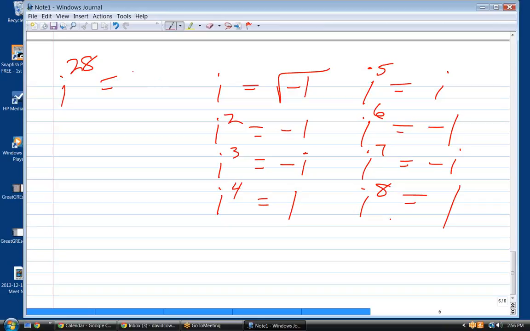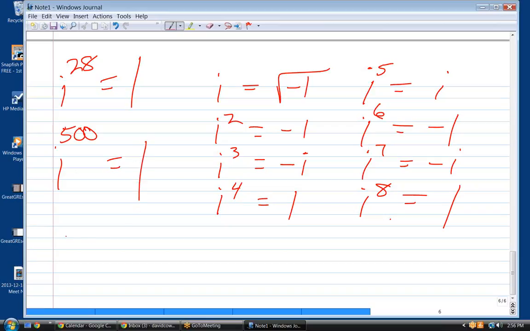So tell me what i to the 28th power equals. One. What is i to the 500th power equal? Is that divisible by 4? It is, 125 perfectly.